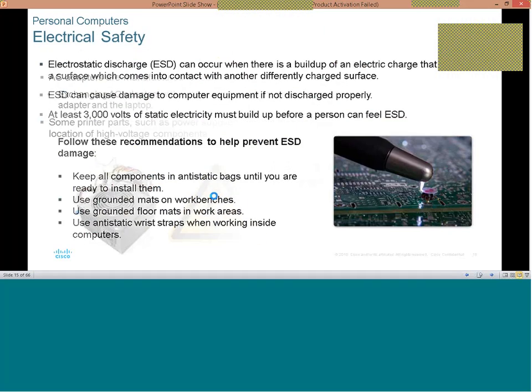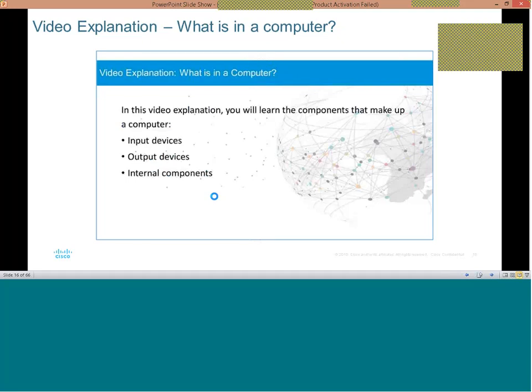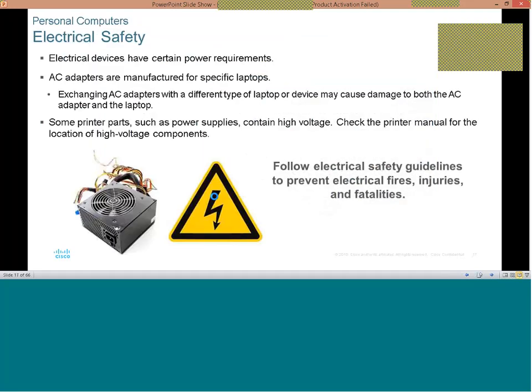And so, looking at the personal computer, we did say that we'll be talking about the electrical safety aspect of it. Every electronic system is driven by power, so power is important when it comes to system functionality.